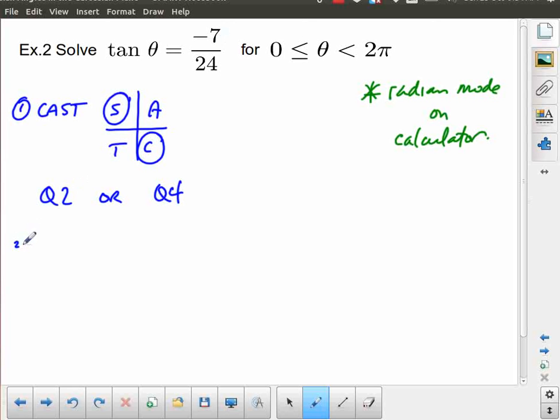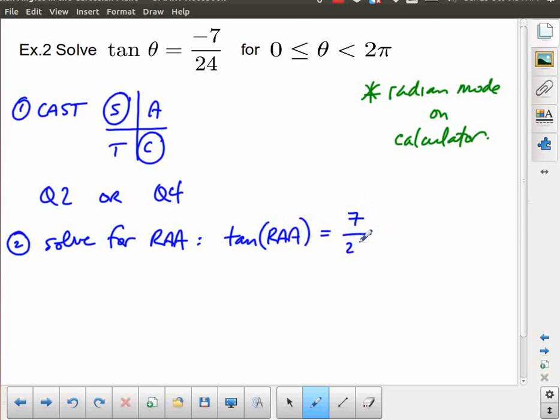So then the next thing I'll do is solve for a related acute angle. I am going to find what the related acute angle is, but the way I'm going to do it is I'm going to say the tangent of the related acute angle is equal to 7 over 24.